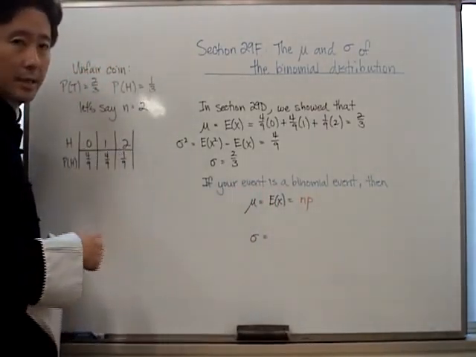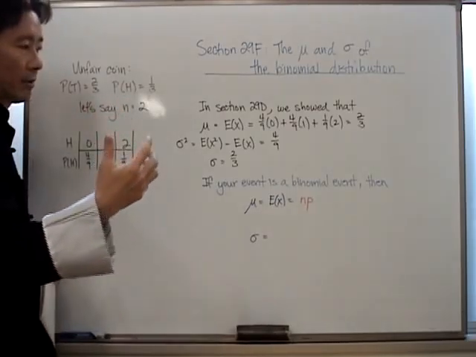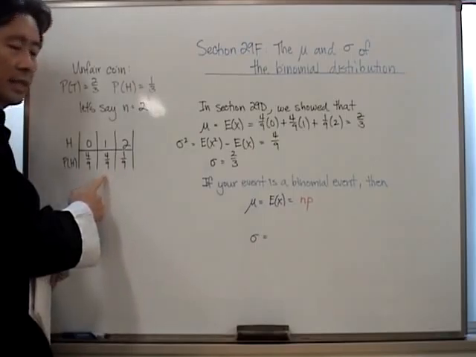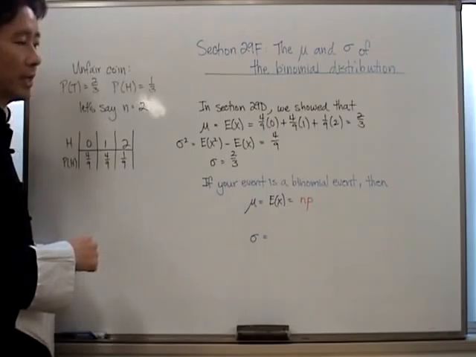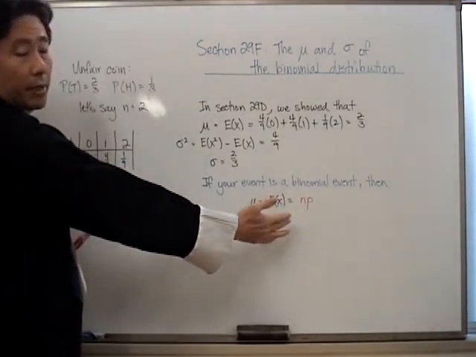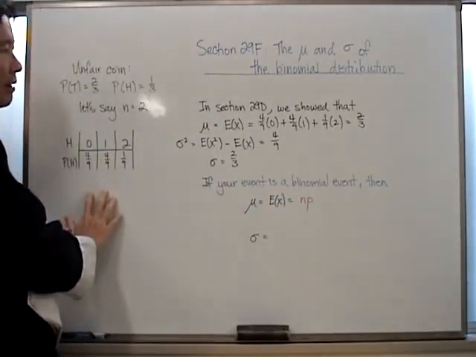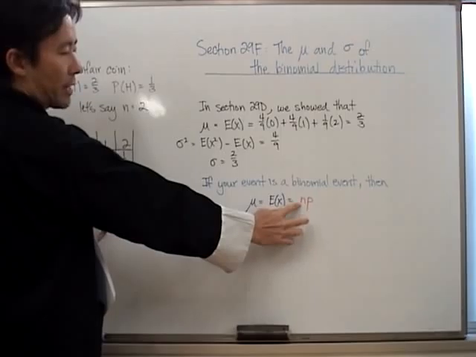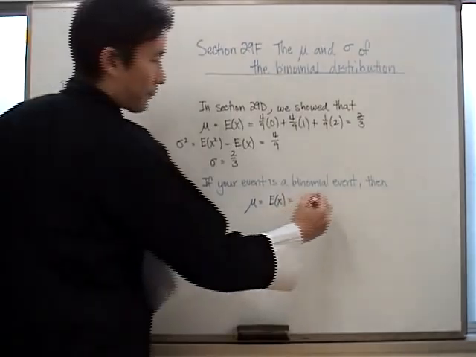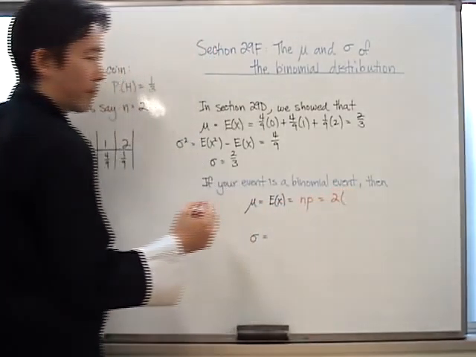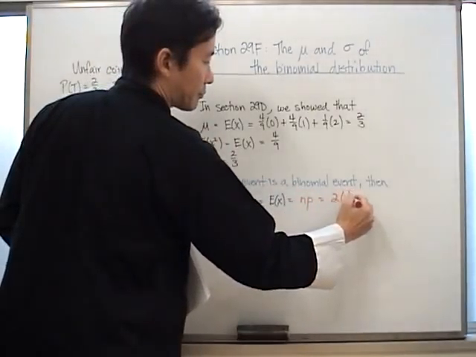So that makes sense based upon what we said expectation was, and being that this is a binomial event where the event has the same probability of achieving a head every single time that you perform the experiment, this should make sense. So if we take a look at our experiment here, we know that the number of experiments or trials is 2, and the probability of having a head is 1/3.